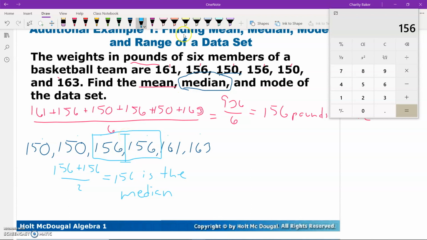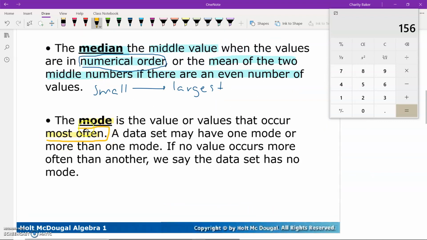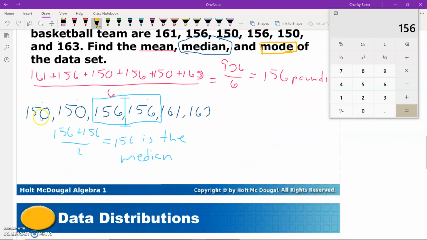The last one we're going to talk about is the mode. The mode is the number that happens the most often. Again, there could be no mode, or you can have one, or you can have several. So let's see what numbers happen the most. Looking at our list, 150 happens twice. 156 happens twice. We can make a frequency chart for that.